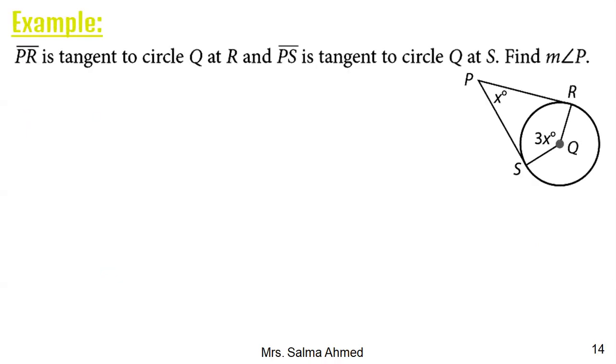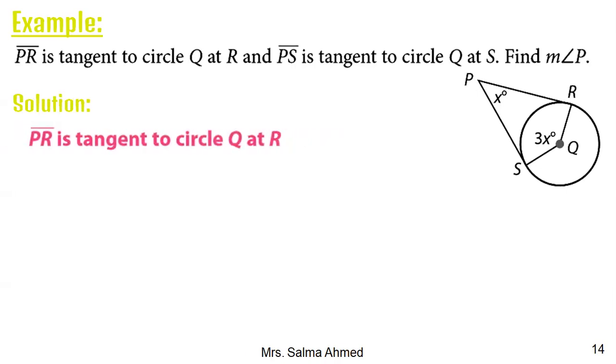Another example. PR line segment is tangent to circle Q at R, and PS line segment is tangent to circle Q at S. Find the measure of angle P, which is x degrees. So I need to find x. Let's use the circumscribed angle theorem. As we have these 2 tangents, the relation between the tangent and the radius is 90 here and here.